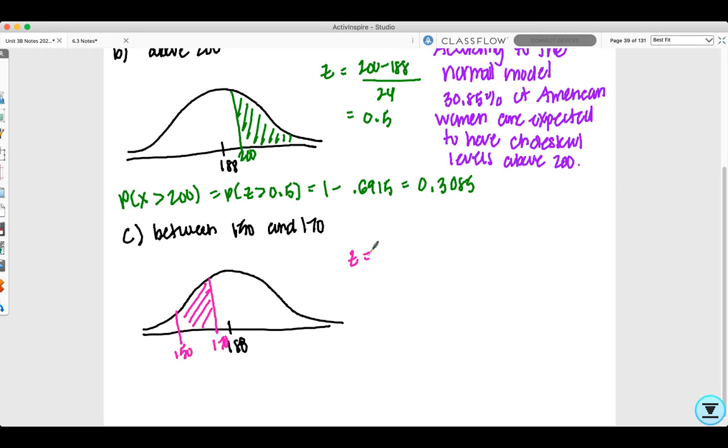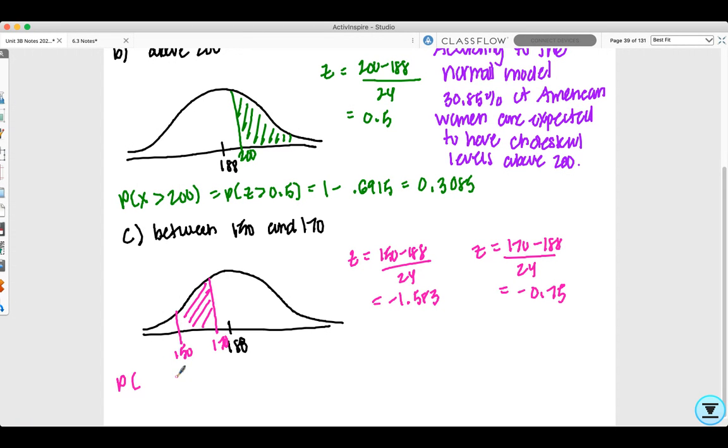So we have to find two z's. So I'd have 150 minus 188 all over 24, and I'd get negative 1.583, and I have z equals 170 minus 188 all over 24, and I get negative 0.75.